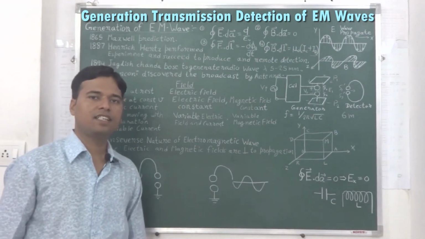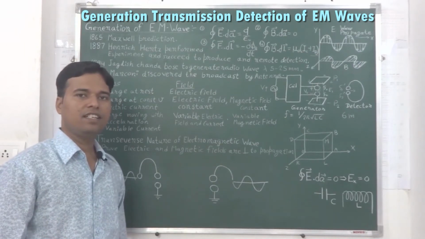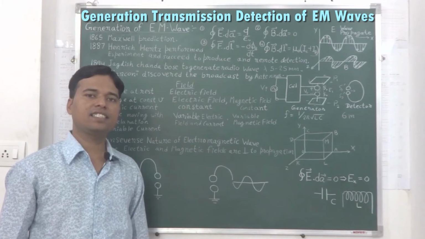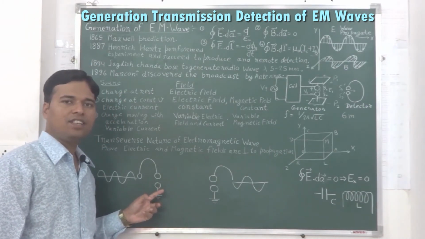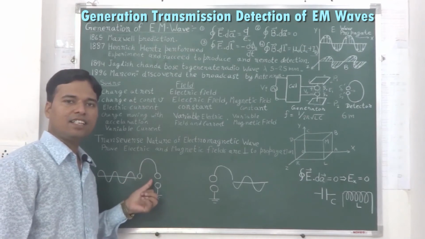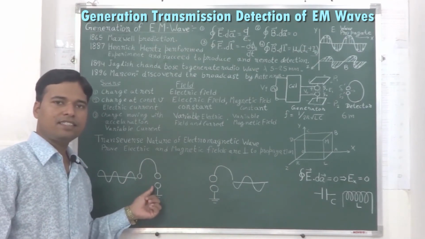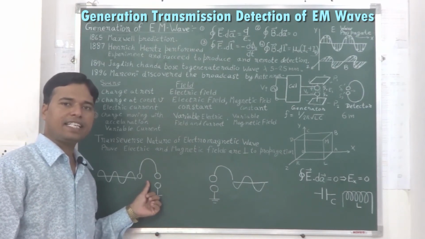Dear friends, Marconi was the scientist who discovered the utilization of an antenna. An antenna is nothing but two separate parts of a metallic rod. Its first part is connected with the time varying electric field.